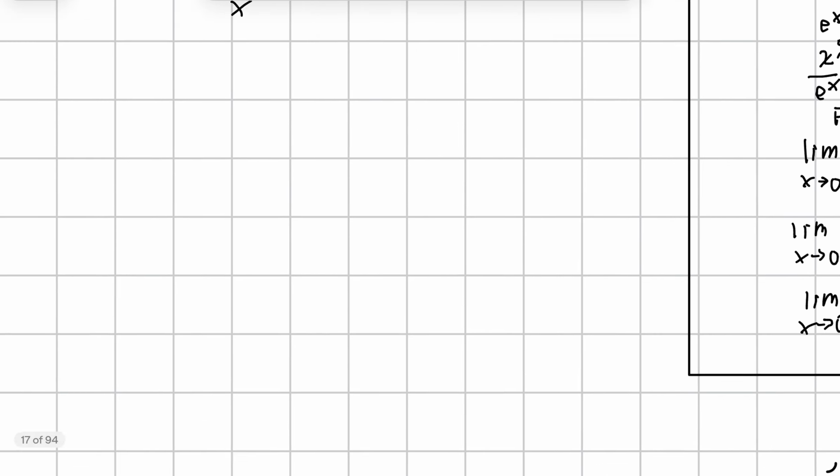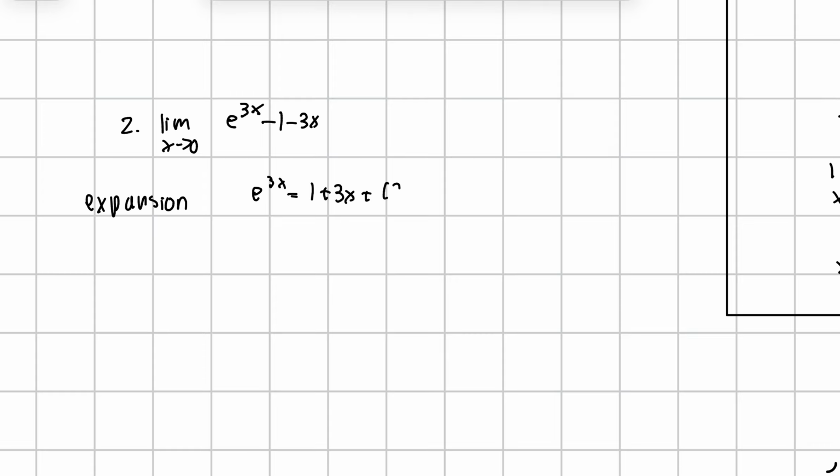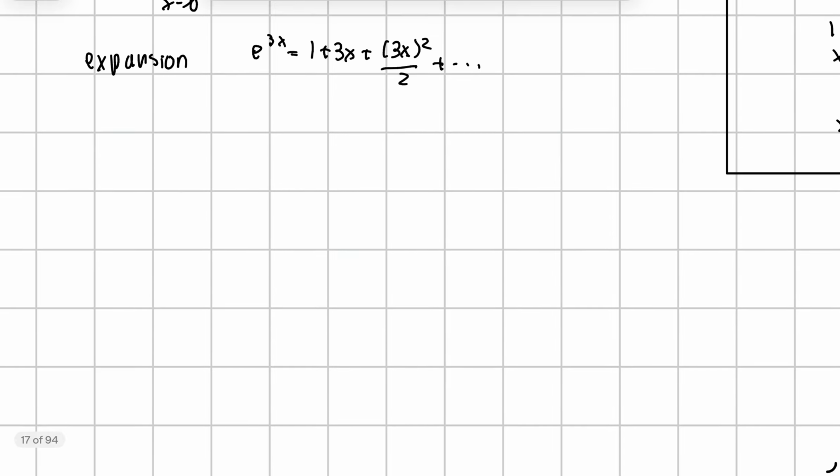So let's do another example. What if we have the limit as x approaches 0 of e to the power of 3x minus 1 minus 3x, all over x squared? So we are going to use expansion here, which means we can say e to the power of 3x is equal to 1 plus 3x plus 3x squared over 2, plus continuing on.